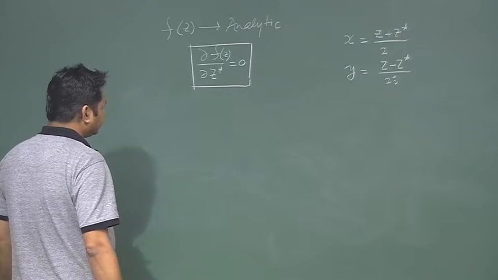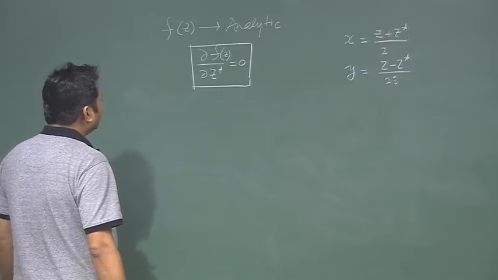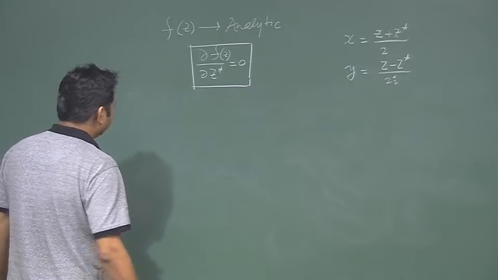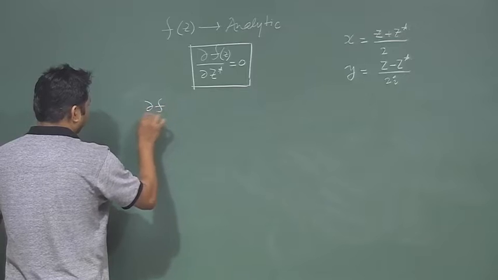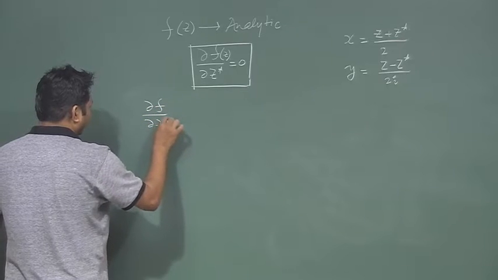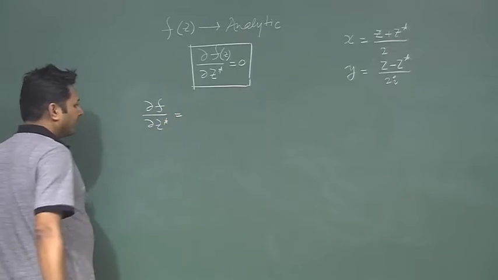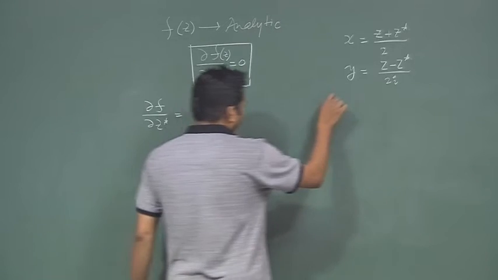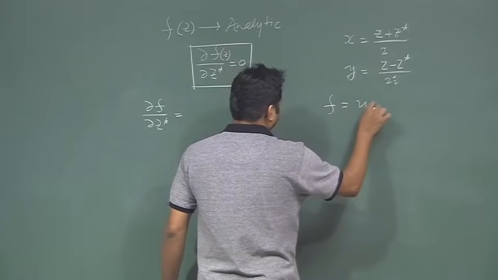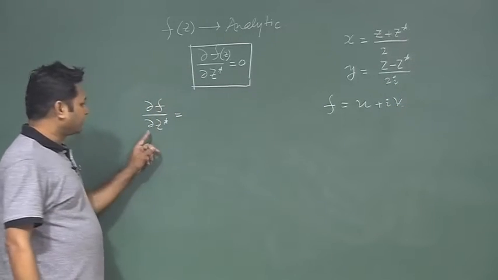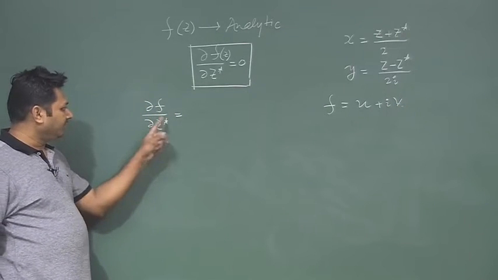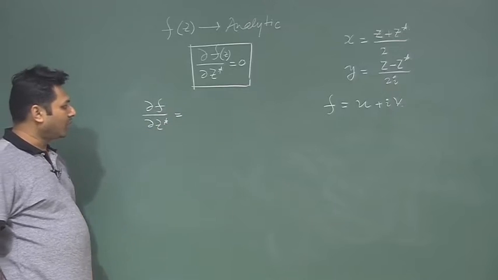So, if I do so, how will the things be. So, del f by del z star, mind it, is u plus i v. So, if I try to write this partial derivative, f is a function of u and v.